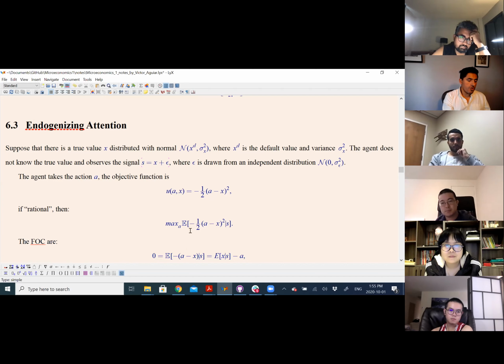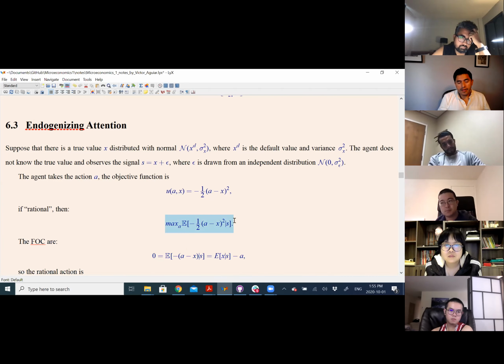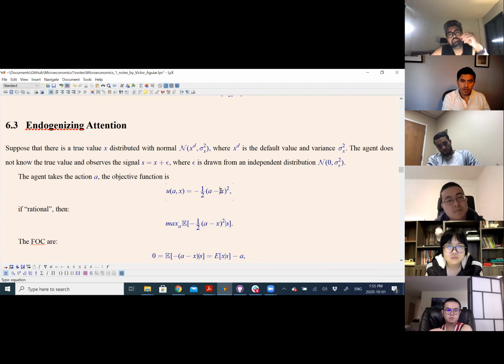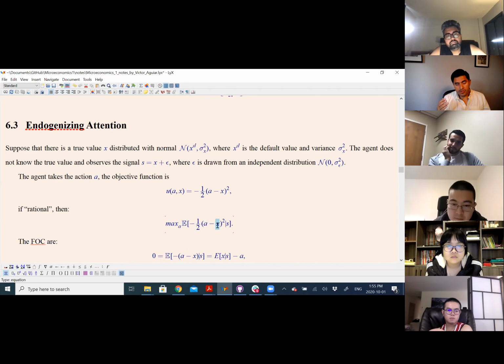So what do I do in that situation? Well, I can do what is called expected utility. Remember that X is random and A is a choice, but I don't know exactly this object X. I only know a signal. So what do I do?